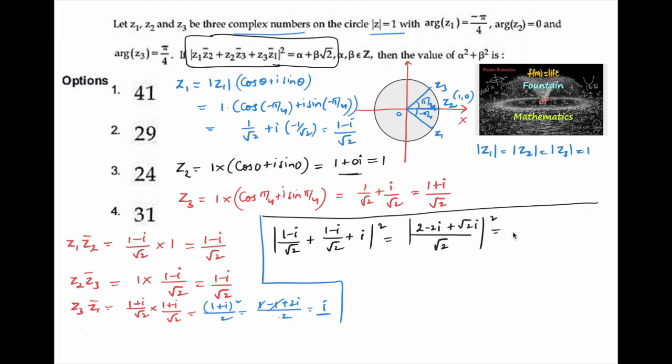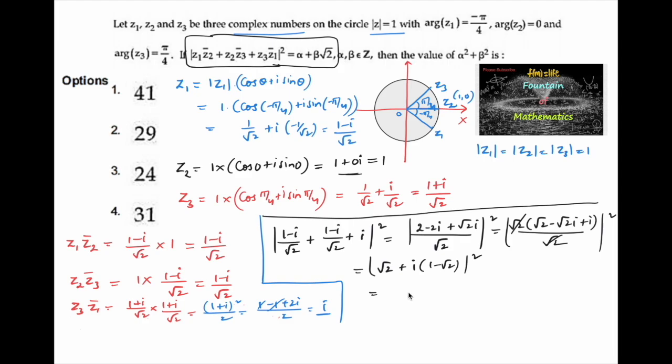We can take root 2 common in the numerator, so we can write root 2 minus root 2 I plus I divided by root 2, whole square. So the root 2 in the numerator and denominator get cancelled, which is root 2 plus 1 minus root 2 times I, the mod whole square.